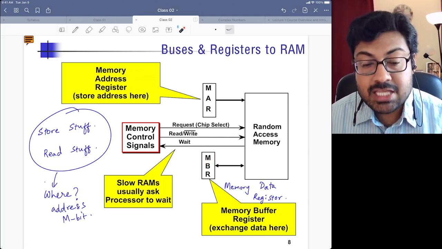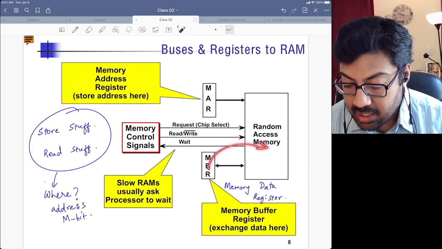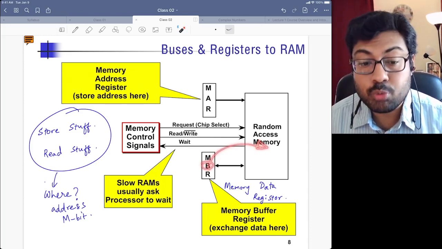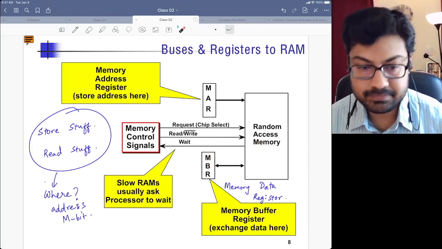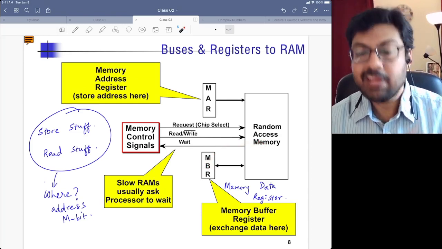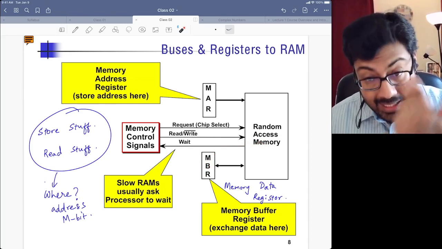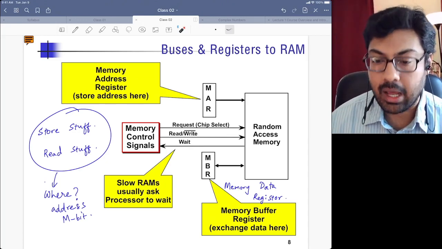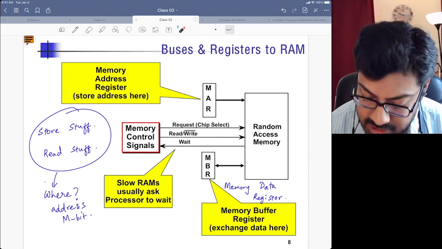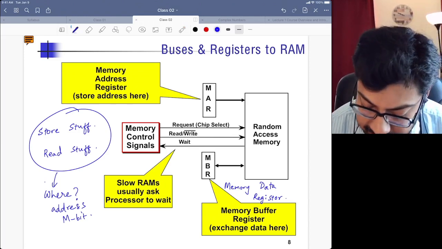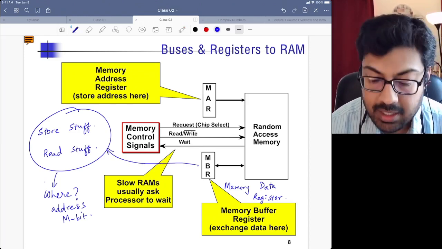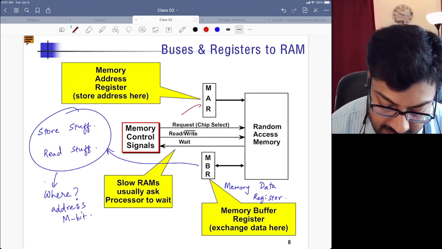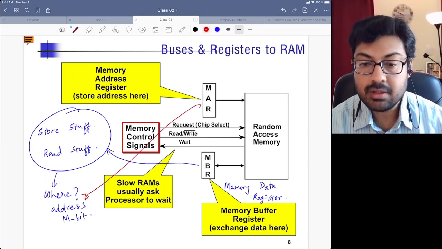Now, in the case where you are storing stuff, you will put the data to be stored in the MBR. And when you are reading stuff, you will get the data that you just read into the MBR, right? So this is sort of for the stuff, and this is sort of for the address. You guys see that?